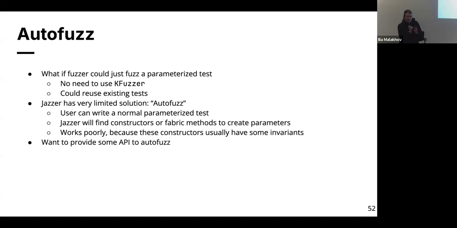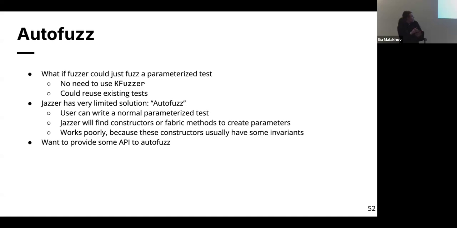It can find a constructor or factory method for the class and then call it by providing parameters from the fuzzer. But since these methods usually have some invariants and argument checks, this works poorly.